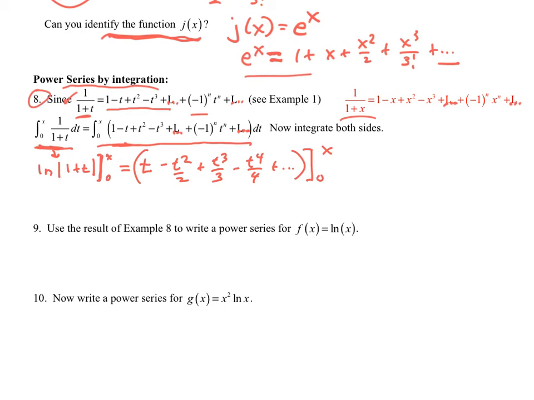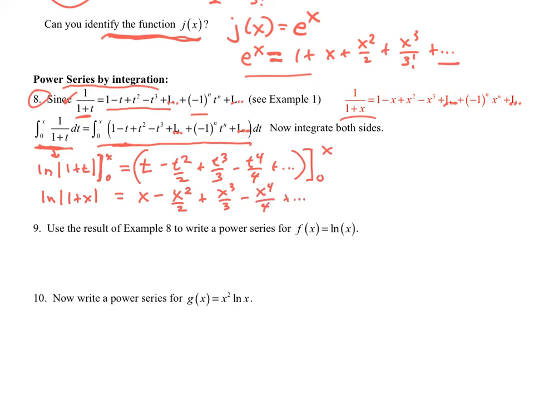So what does that mean for us? Well, this would be ln of 1 plus x minus ln of 1, ln 1, 0, is equal to, this would be x minus x squared over 2 plus x cubed over 3 minus x to the 4th over 4.